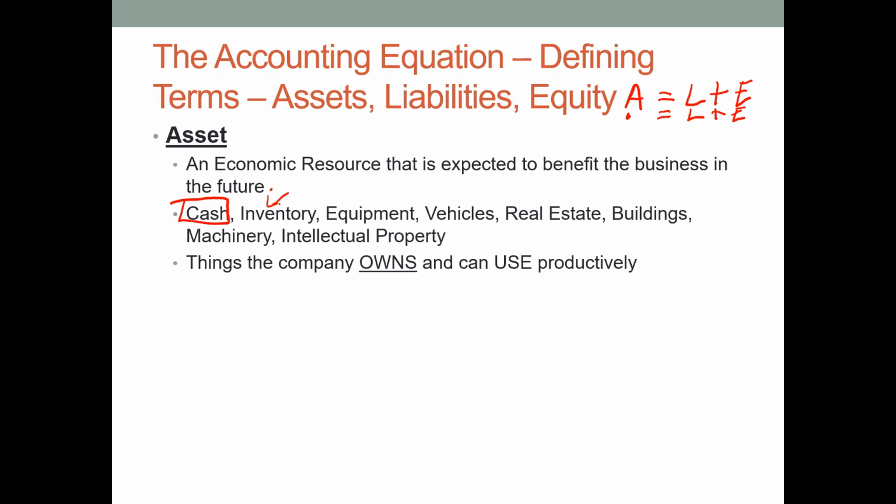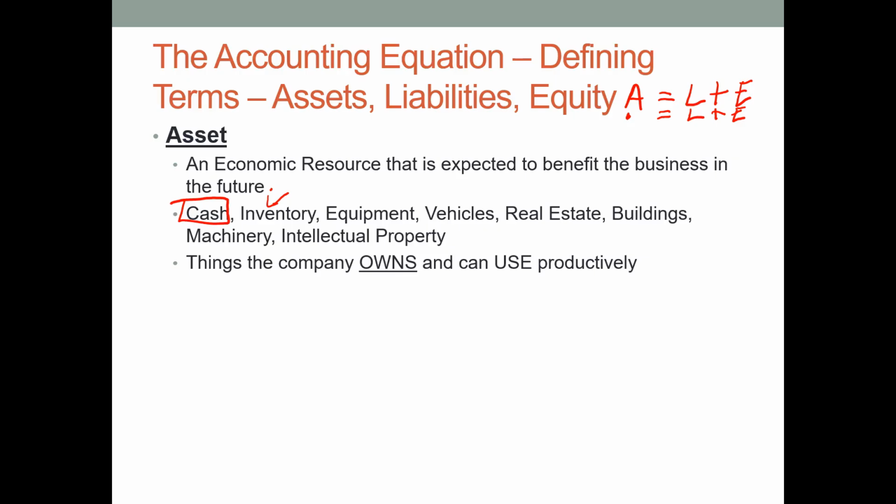Okay, so if you are Target, let's say you're selling soap in your store, when you first pay the soap maker for that bar of soap that you're going to have in your store, it's something that you own. Okay, so this is an important concept of an asset. It represents what your company owns.